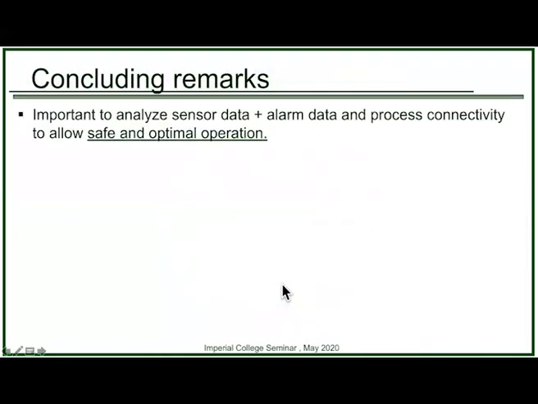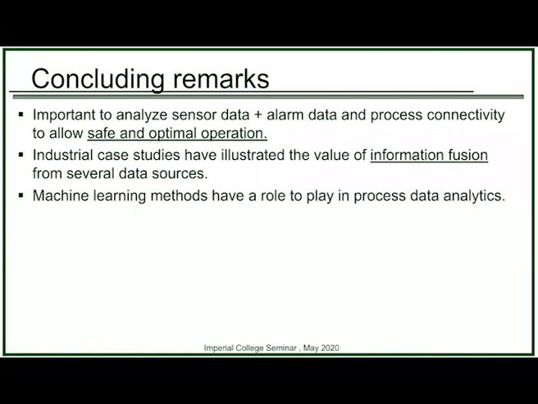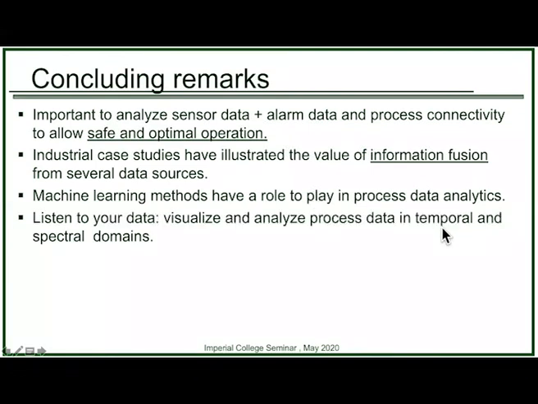All right, so to finish up, I want to summarize: it is important to analyze sensor data, alarm data, and process connectivity information for safe and optimal process operation. The studies that I've shown illustrate the value of information fusion from several data sources. And I've demonstrated that machine learning methods do have a role to play in process data analytics.